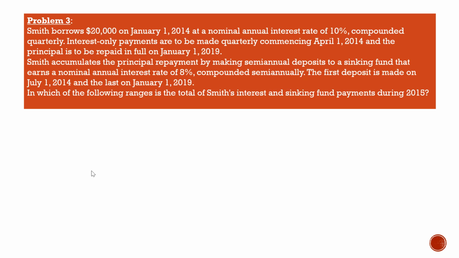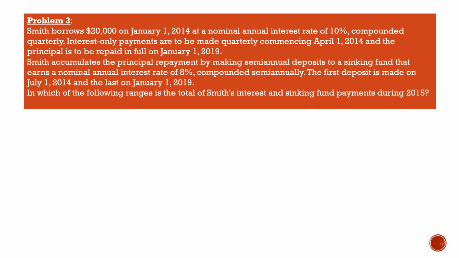Smith accumulates the principal repayment by making semi-annual deposits to a sinking fund that earns a nominal annual interest rate of 8% compounded semi-annually. The first deposit is made on July 1st and the last one on January 1st. In which of the following ranges is the total of Smith's interest and sinking fund payments during 2015?